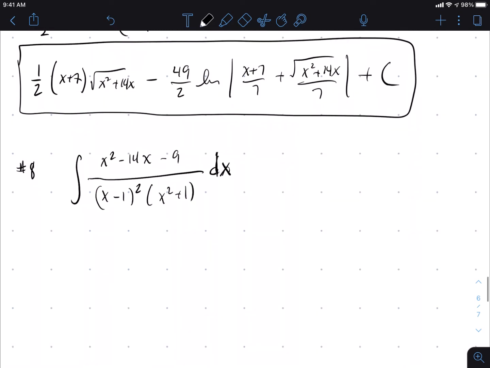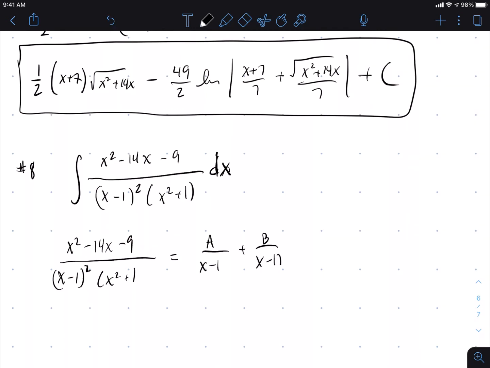So we see that the factors here, we're going to have a repeated and a nonlinear factor in the denominator, correct? So when we break this down, x squared minus 14x minus 9 over x minus 1 squared times x squared plus 1 is going to be equal to a over x minus 1 plus b over x minus 1 squared plus cx plus d over x squared plus 1.